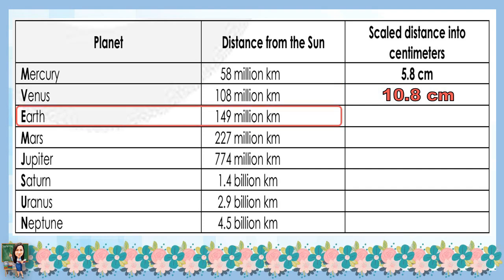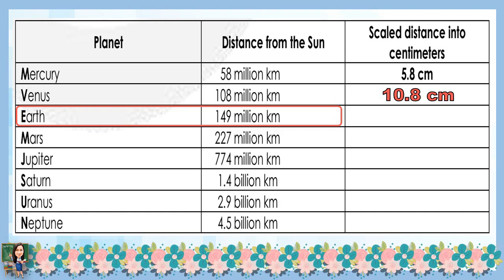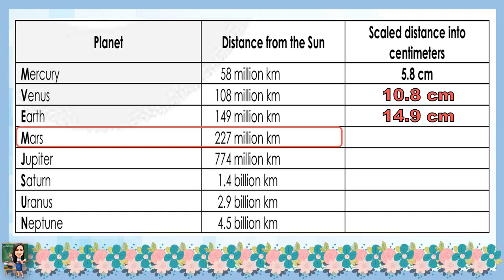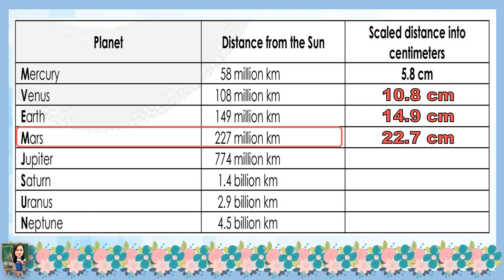Divide 149 million by 10 million times 1 centimeter equals 14.9 centimeters. Mars, 227 million divided by 10 million times 1 centimeter equals 22.7 centimeters.